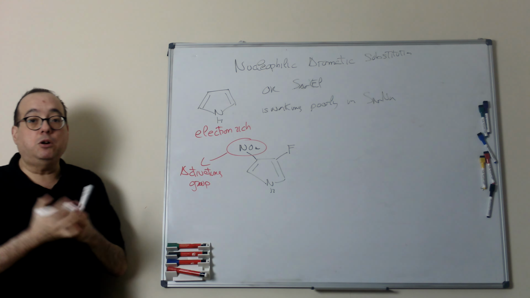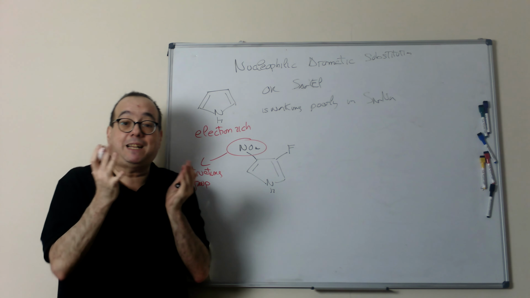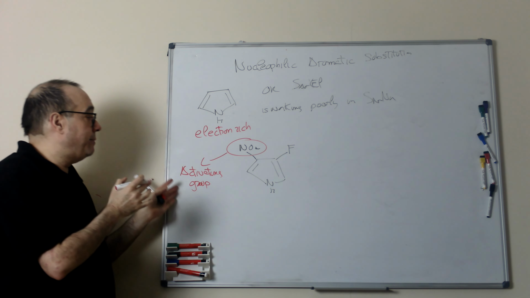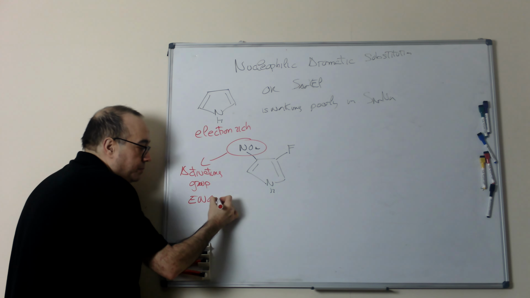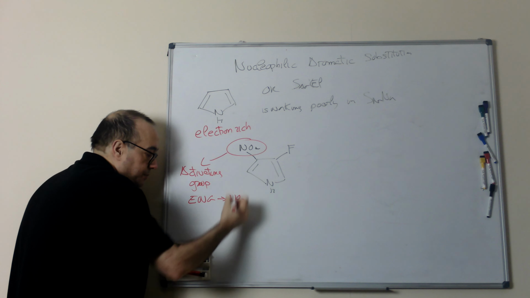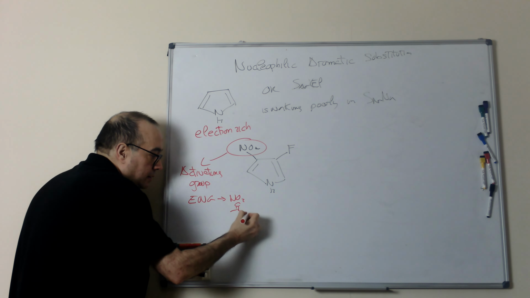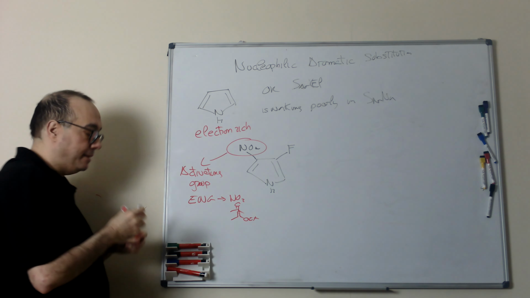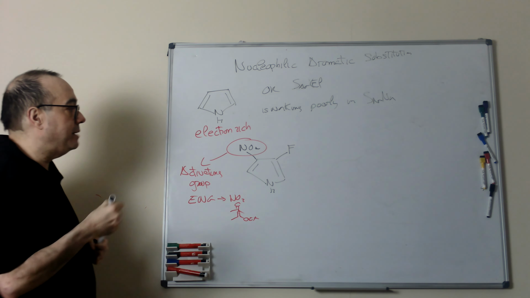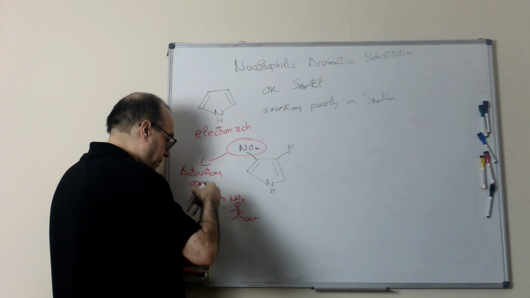Okay, activating group. Remember which are the activating groups. Exactly the same as for benzene. The activating groups will be basically electron withdrawing groups: nitro, ketone, ester, etc. Okay, and then we need the leaving group.